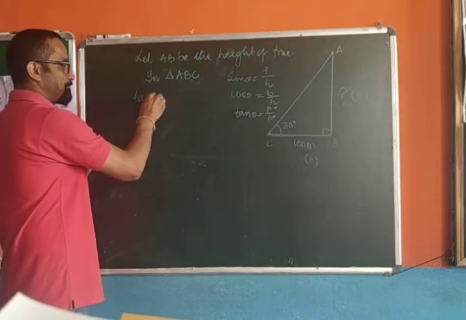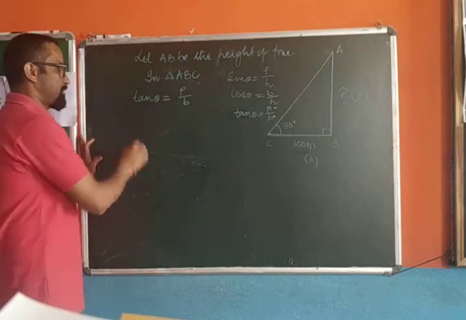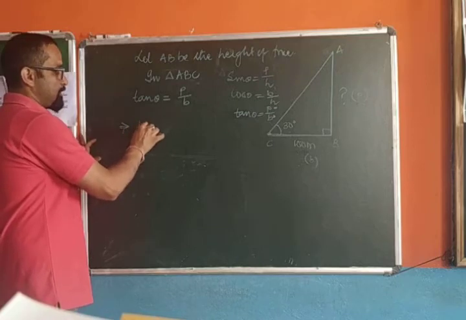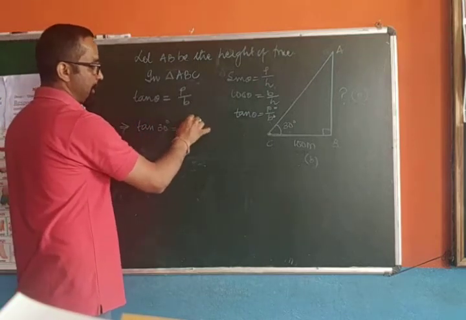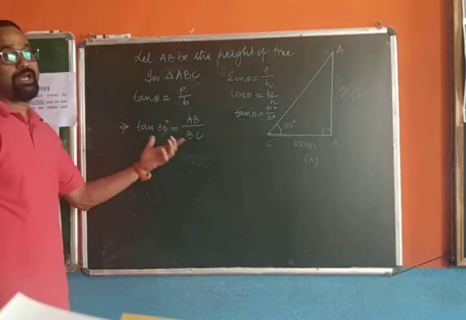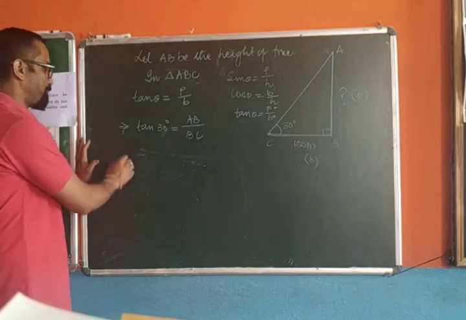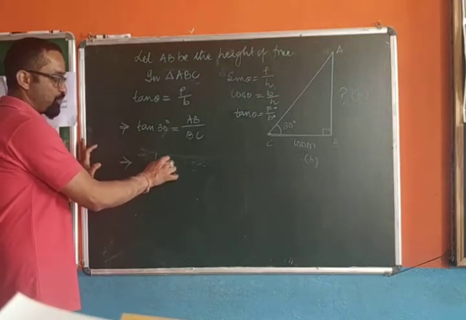Tan theta is equal to perpendicular upon base. Tan 30 degrees. Perpendicular is AB, base is BC. Now we start substituting the values. Tan 30 degrees is 1 divided by root 3.